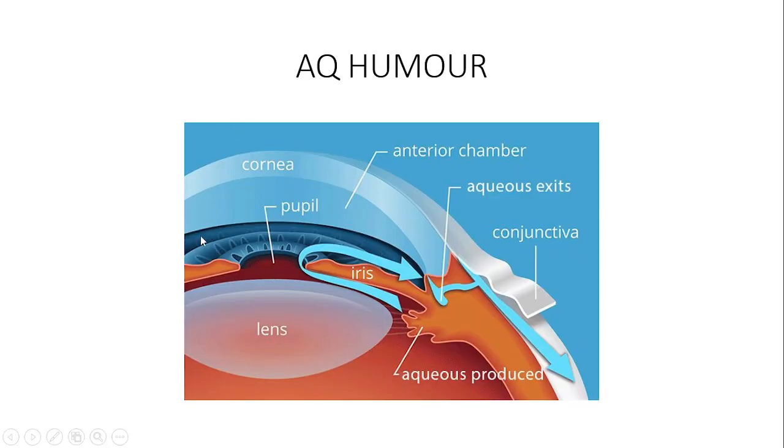It releases the water which has been passed through the blood aqueous barrier through those sieves. The water comes and accumulates itself at the posterior chamber.